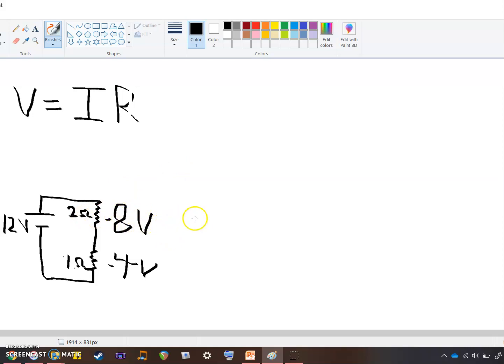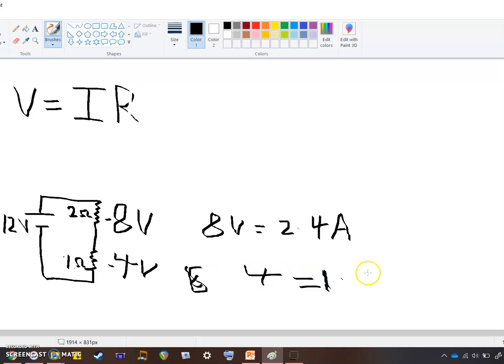If we have an 8-volt drop here, 8 volts equals 2 ohms times the current, and that must mean that our current is 4 amps, right? Here we have 4 volts equal to 1 ohm times the current, and of course we need to have the same current since it's one pathway, so 4 amps equals our current.